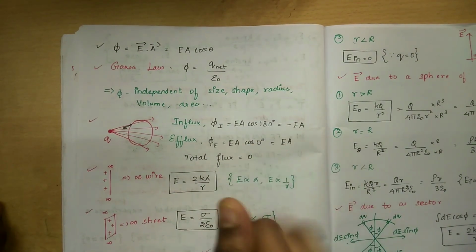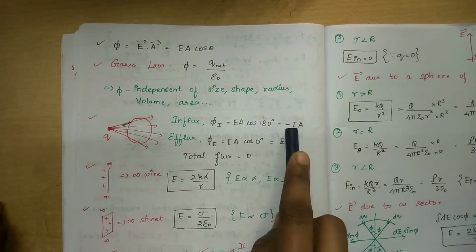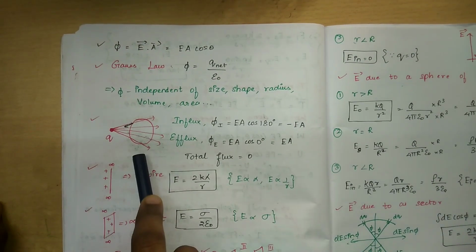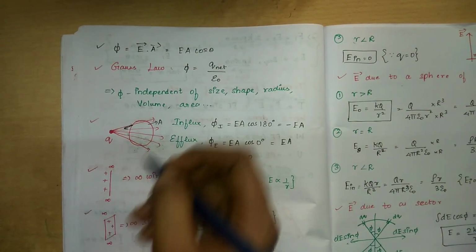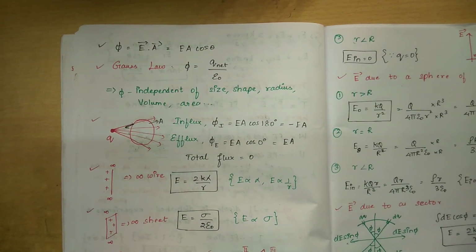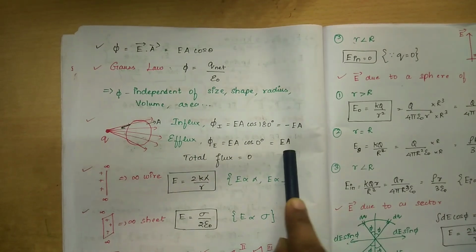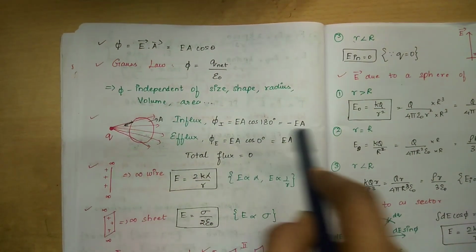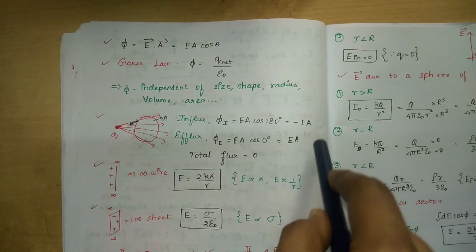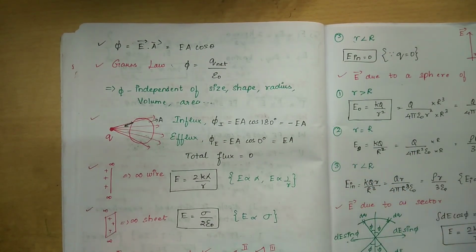So EA cos theta becomes cos 180 degrees, so we have minus EA. Outwards, the area is along the direction, so cos theta is 0, and here we will get positive EA only. If you add both of these, EA minus EA, the total flux will be 0.